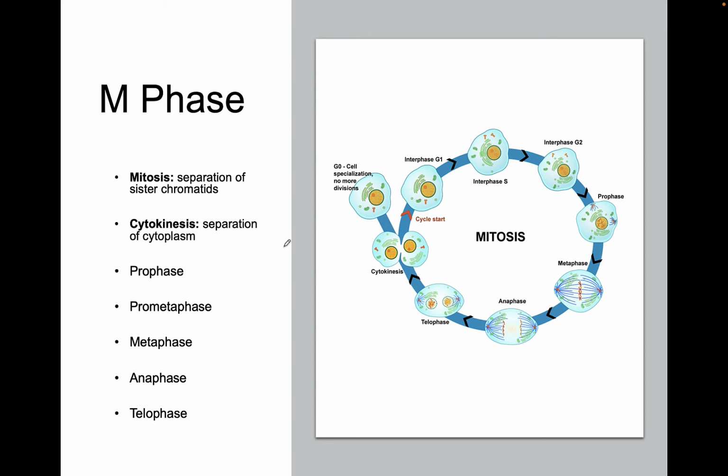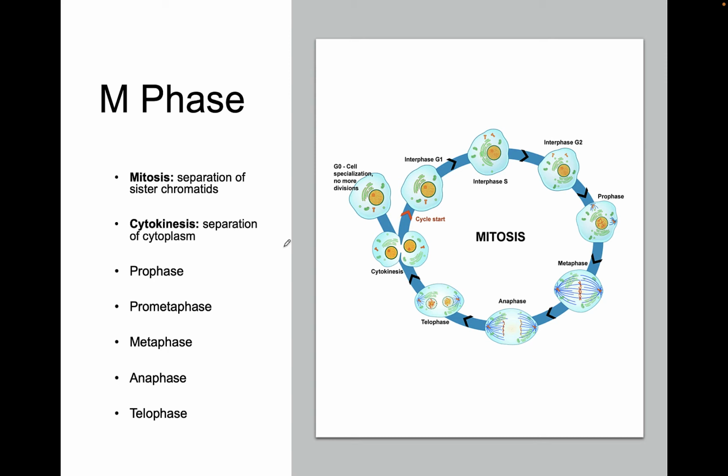Because of that, tension is starting to build up at the connector cores that are joining the two chromatids together, and this is going to help with the pulling apart of the sister chromatids. This tension is required for the cell to pass through the spindle checkpoint. This is required.